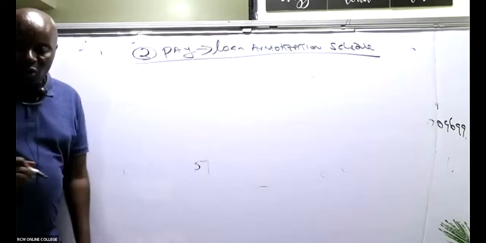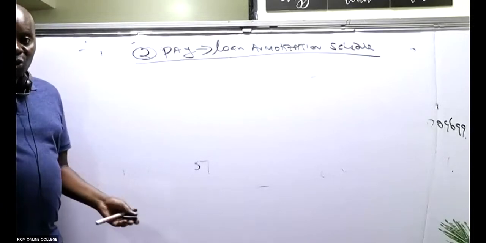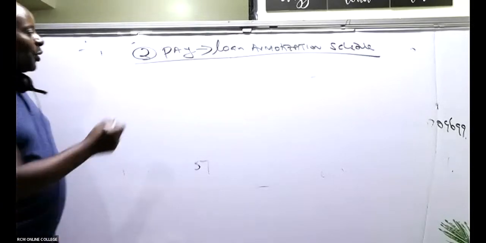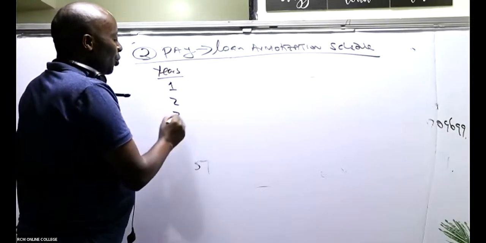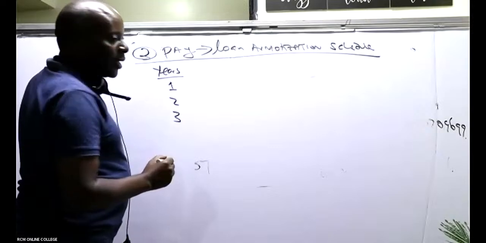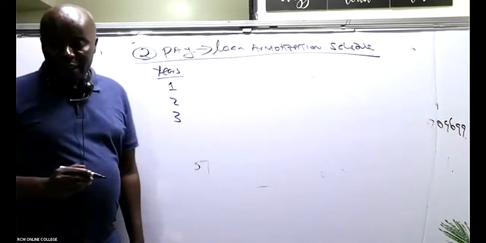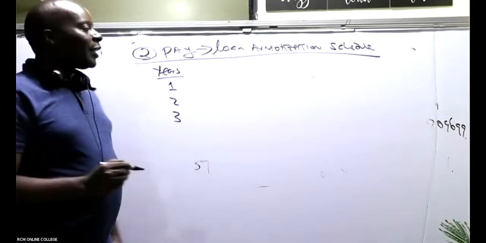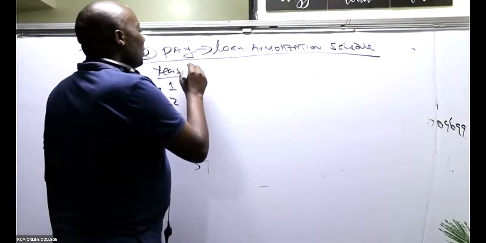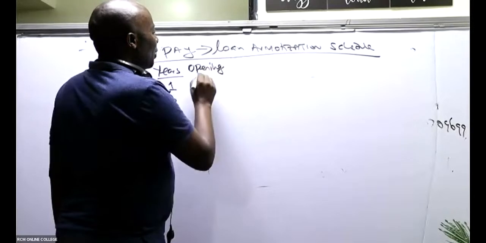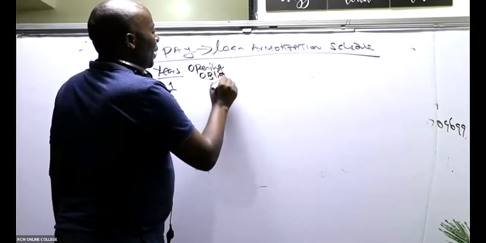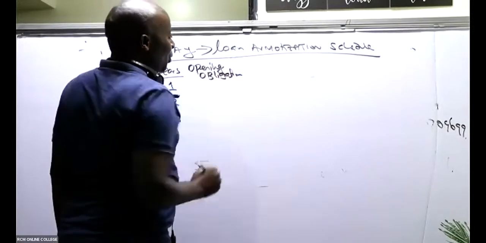You prepare a loan schedule because now you know you owe. Remember, we have 3 years: years 1, 2, and 3. After that, ladies and gentlemen, please come here and give us the opening obligation.